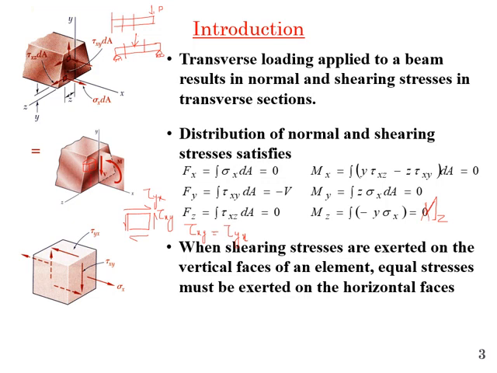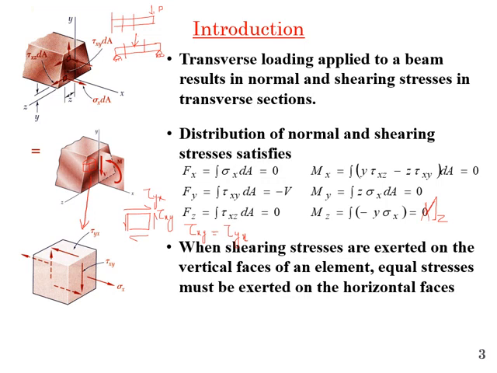So now if I take a small element over here and want to draw shear stress, there will be a shear stress on this face due to V, and there must be a shear stress on the horizontal face of the element.